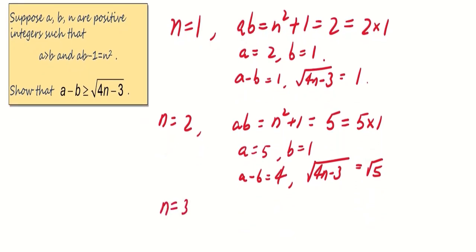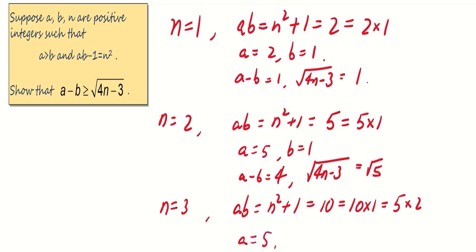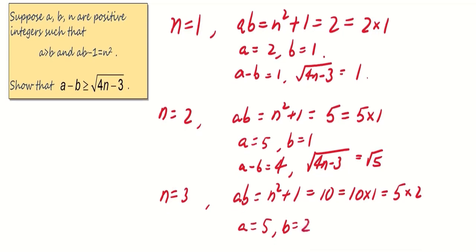Now when n equals 3, ab equals n squared plus 1, that is equal to 10. It can be 10 times 1 or 5 times 2. In order to make a minus b smaller, we will choose a equals 5 and b equals 2.